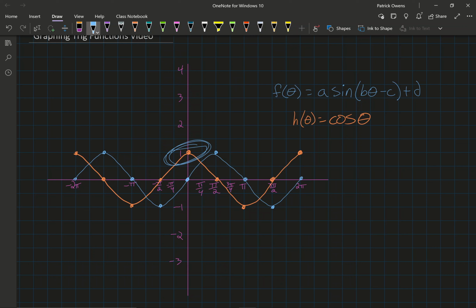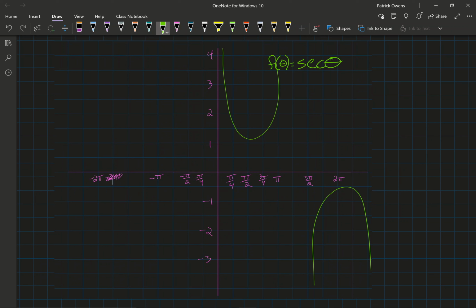Now, when we go to our secant and cosecant functions, the thing is, we know that they are going to be a series of parabolas, and it's going to alternate between concave up and concave down parabolas.